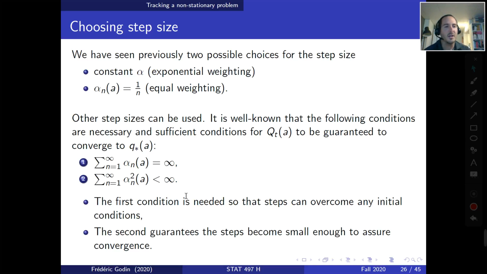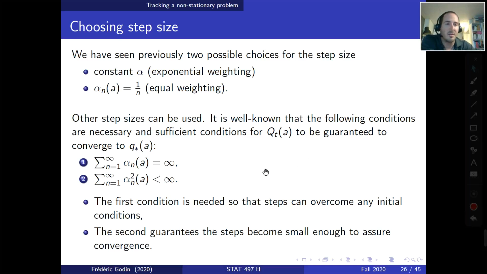The second condition is needed to ensure that step sizes are eventually small enough to allow convergence. If step sizes remain too large, then you'll never be able to converge to the right point. You'll constantly fluctuate around the correct value. So to ensure that eventually you'll converge, step sizes must not be too large. This is why the second condition is needed.